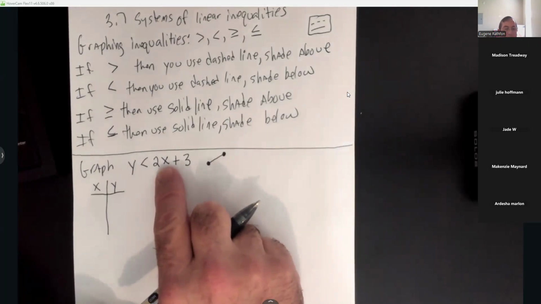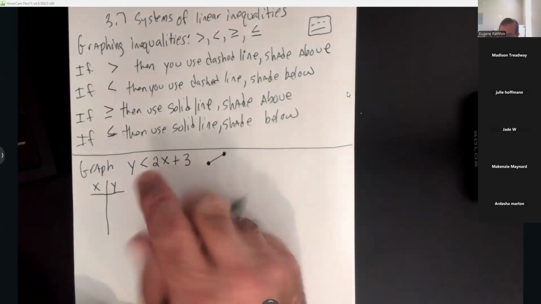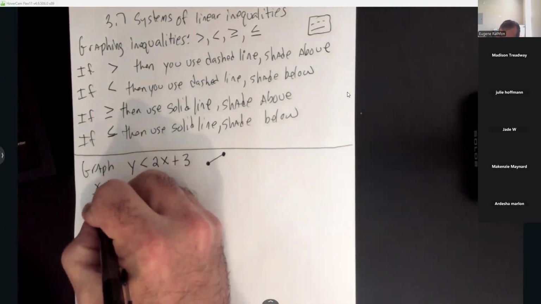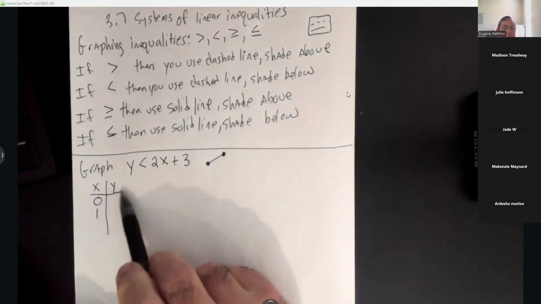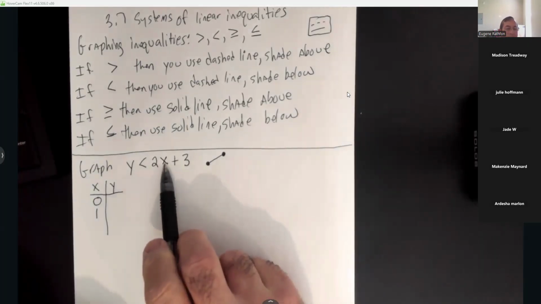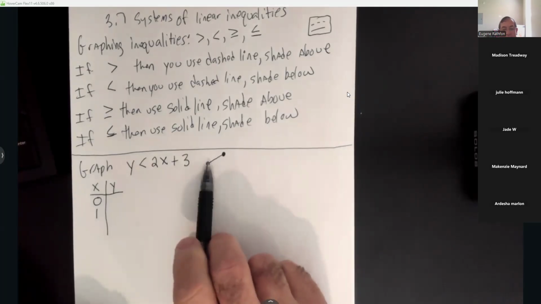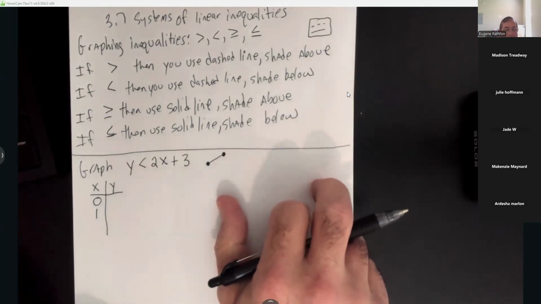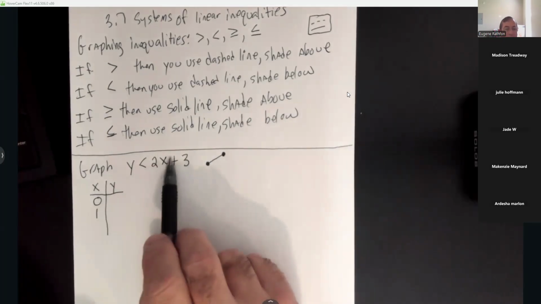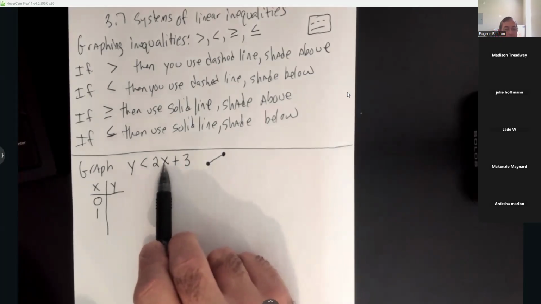So y'all, I'm just going to pick me a couple x values that I think will be easy. So I'm going to do 0 for x and 1 for x. So first I need to get 2 points to graph, and then I'll show you everything on this, okay? So first of all, let's put a 0 in for x.